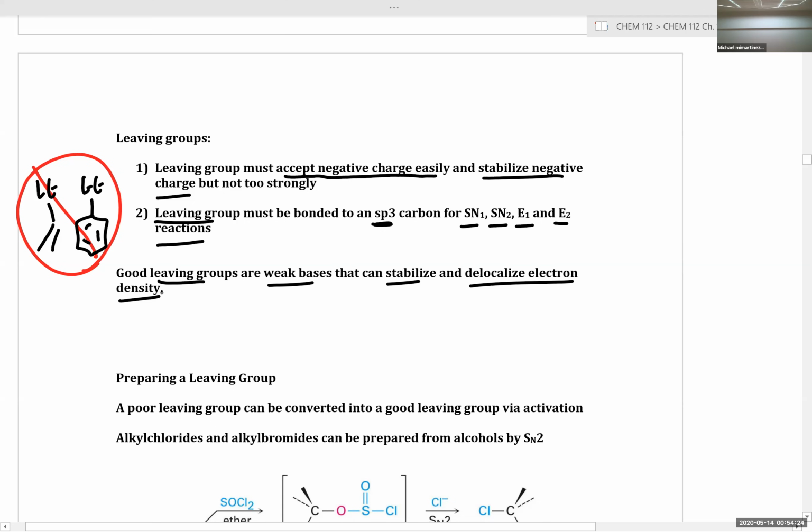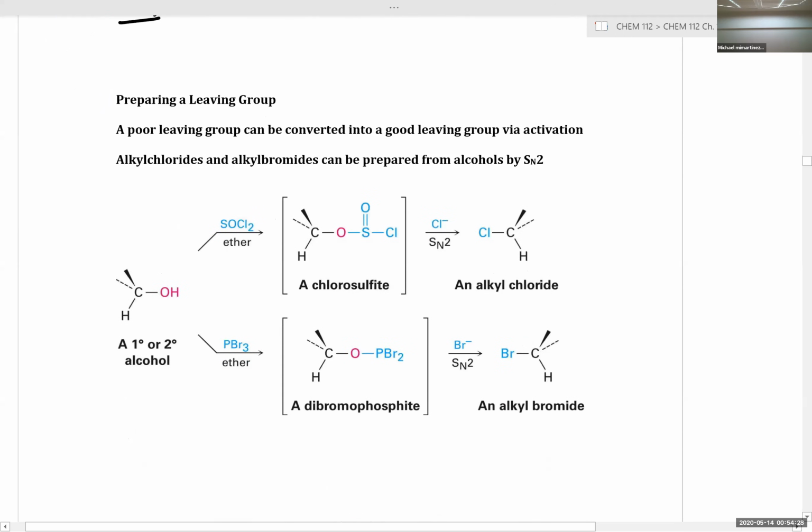Now, of course, we're not always going to have the perfect leaving group. So sometimes we have to prepare a leaving group using chemical reagents. So often a poor leaving group is converted into a good leaving group via activation. Some activating agents are thionyl chloride and phosphorus tribromide.